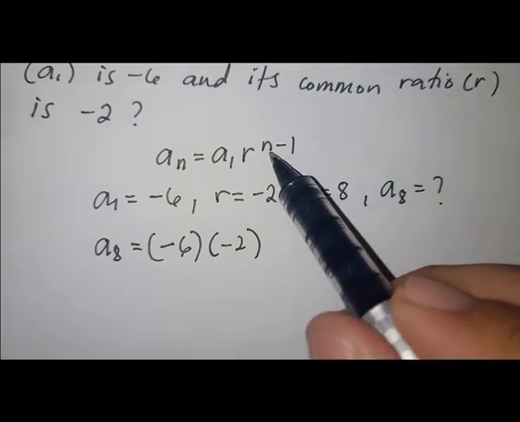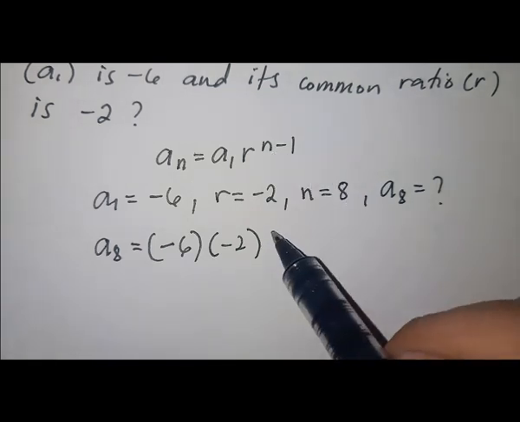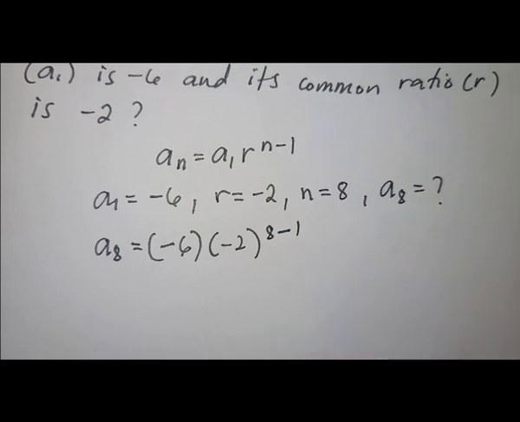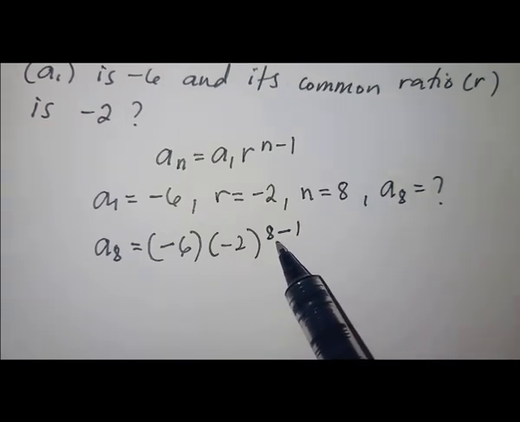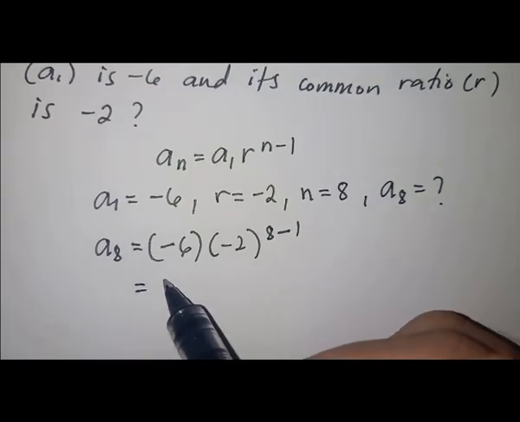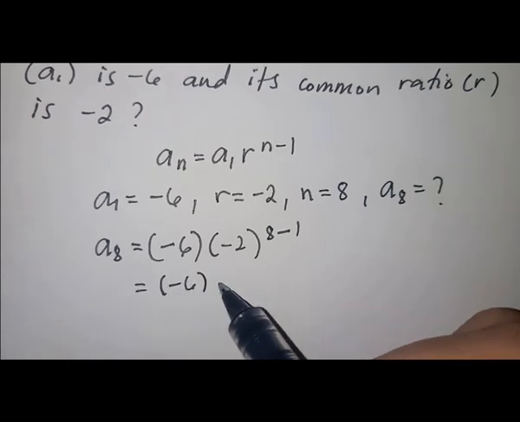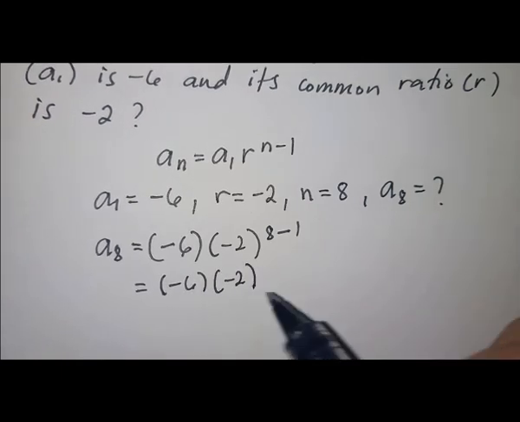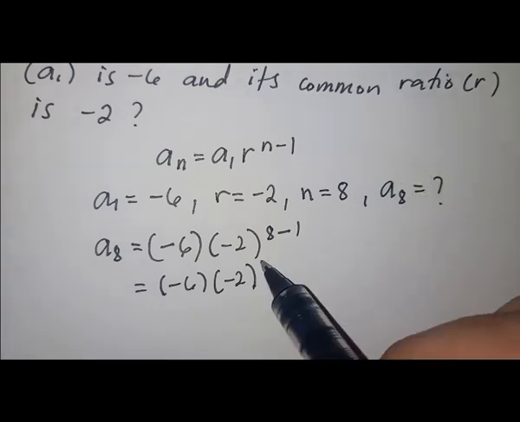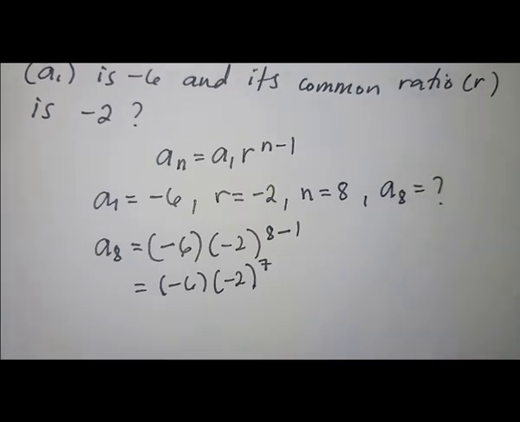Ang n natin ay 8 minus 1. So, unahin natin yung 8 minus 1. So, magkakaroon tayo ng negative 6 times negative 2 raised to 7. Okay. So, meron tayo ngayon negative 2 raised to 7.